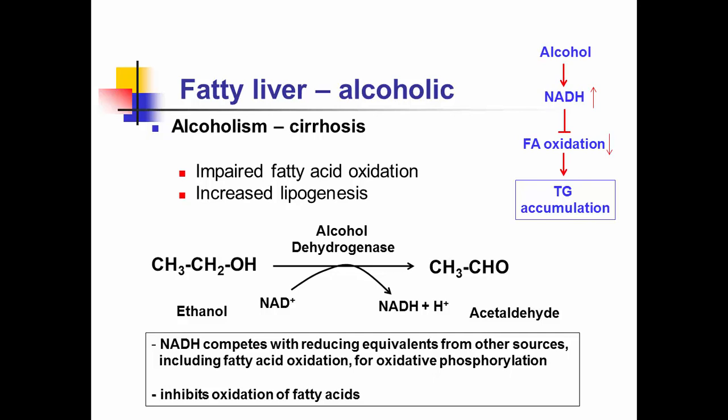So alcohol, ethanol, can be metabolized by the enzyme called alcohol dehydrogenase, and this reaction produces NADH. So the alcohol metabolism can produce a lot of NADH, right? This NADH competes with the NADH produced during normal metabolic processes, particularly the fatty acid oxidation process.